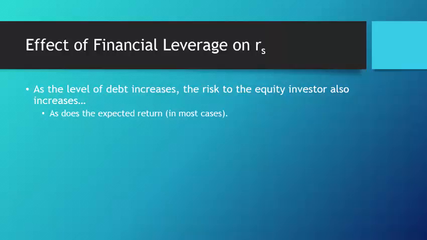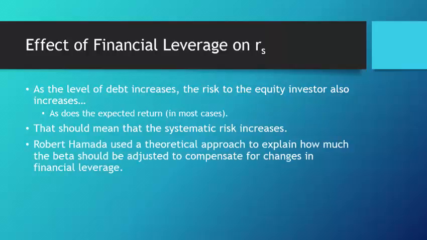But as we've shown, and you can even see this in that DuPont analysis, the more leverage we take on, the higher the return on equity. And so we can get higher return, but we get it with higher risk. Well, that suggests that maybe the systematic risk is going to go up too as we take on more debt. And that should mean that the beta should change.